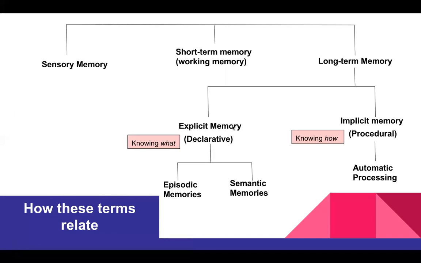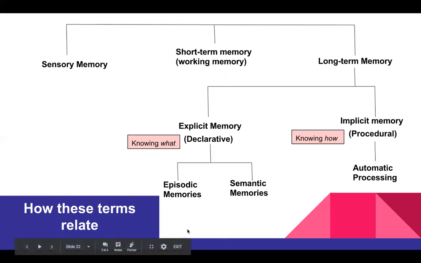Explicit memory is part of declarative memory. It's the knowing what: facts, figures, things outside of ourselves, memorizing concepts and facts and figures. Whereas implicit memory is the knowing how to do something, and then we learn it once and we just don't have to pull it up again, okay?